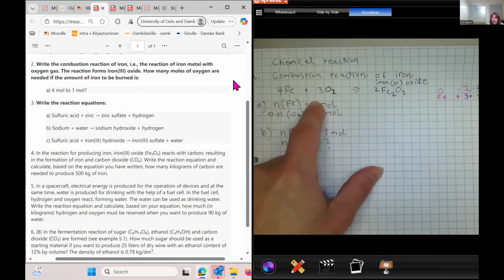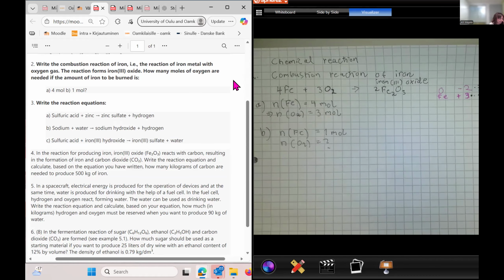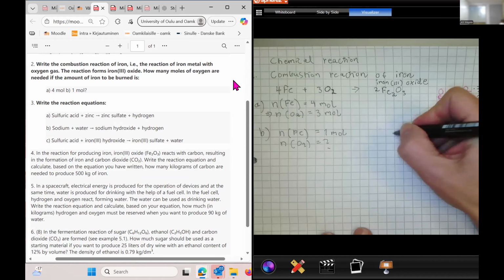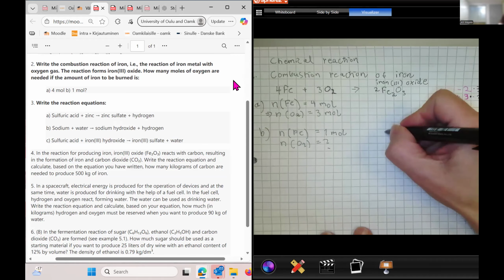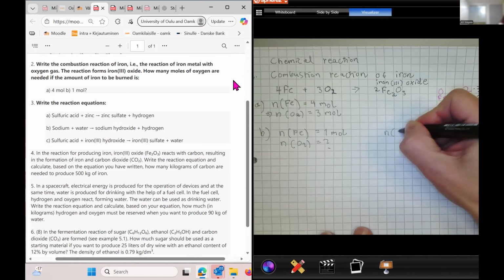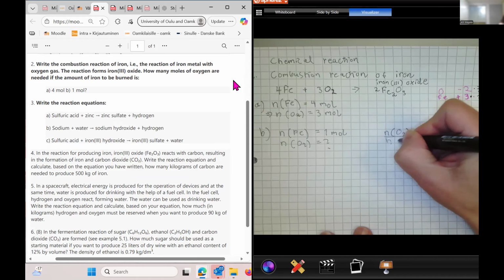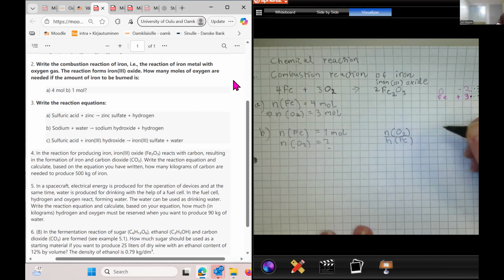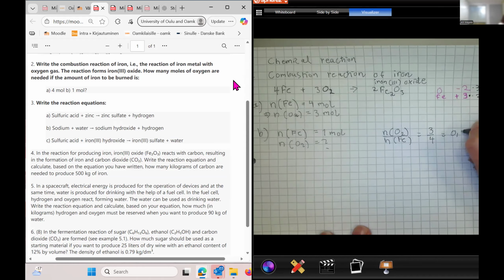I have this kind of ratio: the ratio of the oxygen to the ratio of the iron from the equation is 3 to 4, which is 0.75.